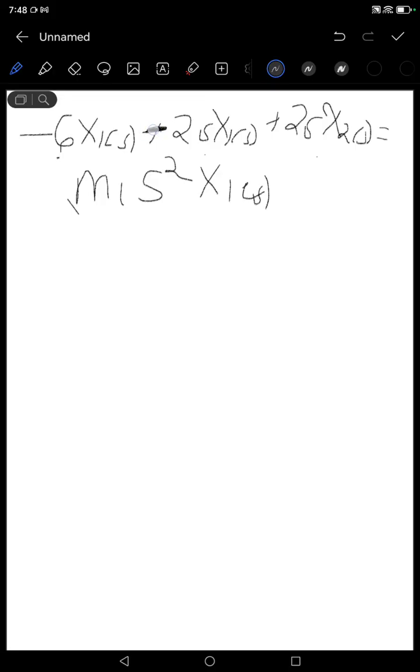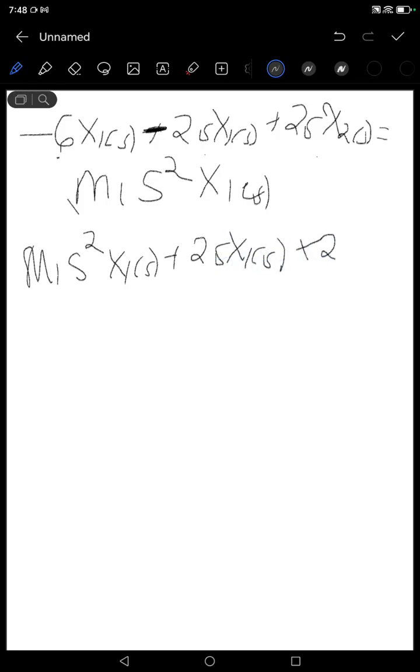This is negative, guys. Sorry. So we have M1 s squared X1(s) plus 2s X1(s) minus 2s X2(s) plus 6 X1(s), all equals 0.